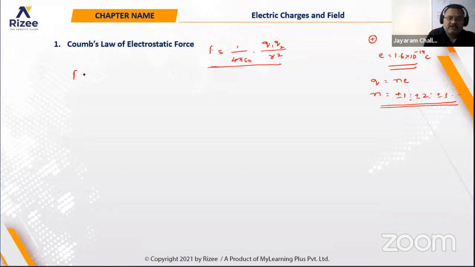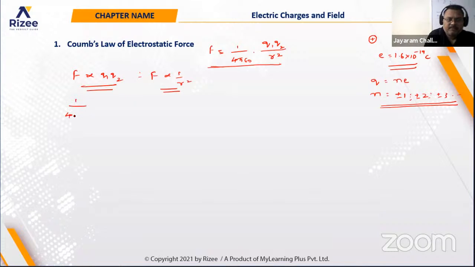So from this relation, F is proportional to the product of the charges Q1 and Q2, and the force is inversely proportional to the square of the distance. This is the basic thing that we have.